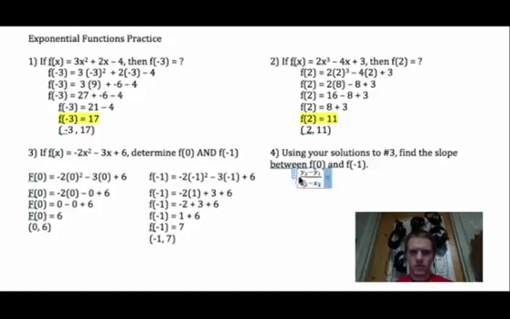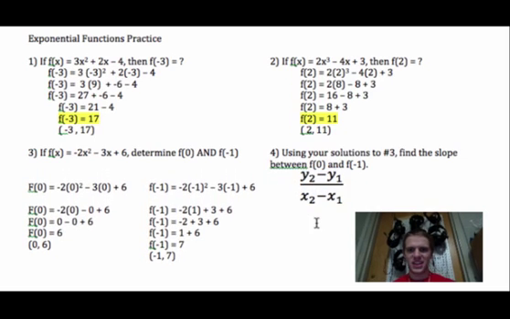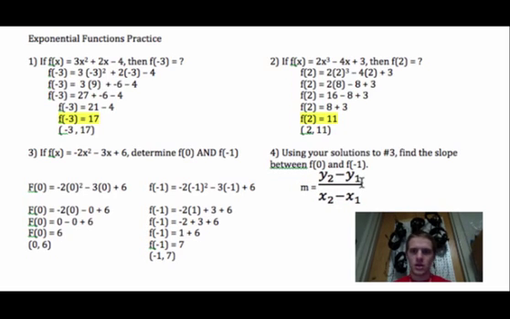So let me make this a little bit bigger for you. That is your slope formula. So m equals y2 minus y1 over x2 minus x1.